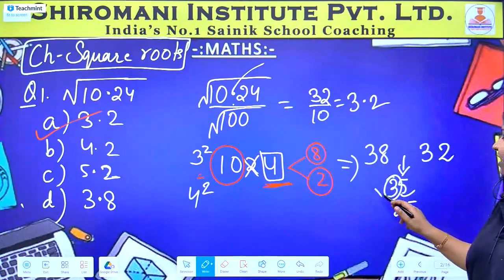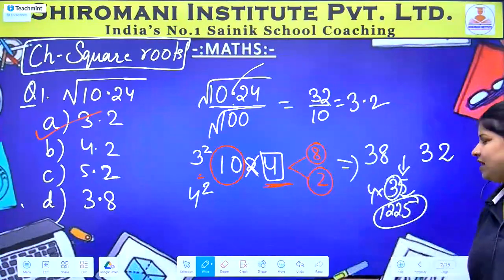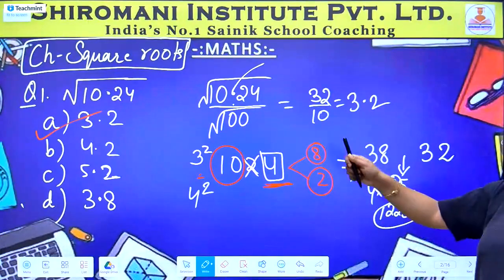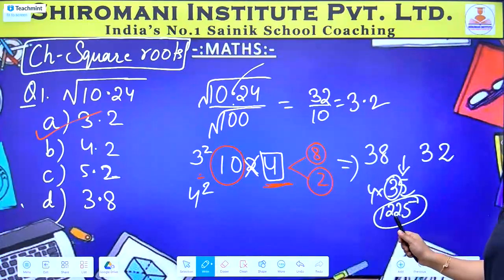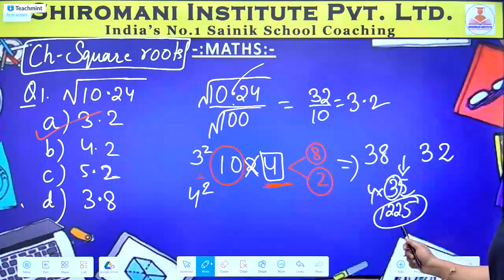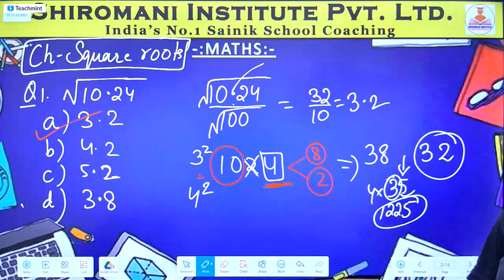After 3 we have 4. 4 3s are 12. 1225. Now see, your question is greater than or less than this result. My question 1024 is less than the result. So the lesser digit would be my answer, 32.